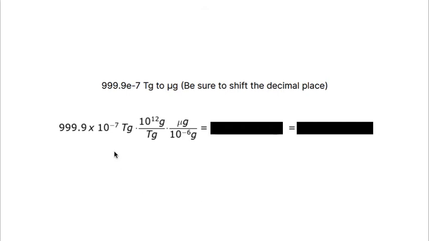So notice 10 to the negative 7 times 10 to the 12th is going to be 10 to the 5th, right? And then 10 to the 5th divided by 10 to the negative 6th, so that's 10 to the 11th. And again, you can always put this in your calculator: negative 7 plus 12 minus negative 6. So this is 10 to the 11th.